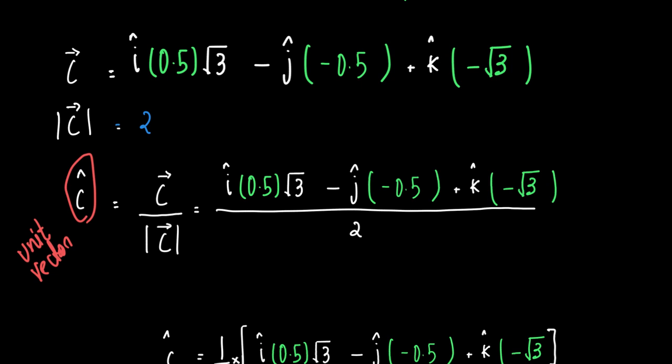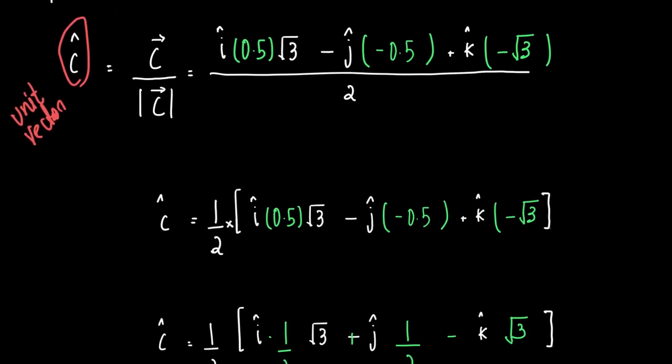Now, why have I not written it the other way around? I'll take you through that in a minute. So let us first divide it. When we divide, this can be written as 1 by 2 times 0.5 root 3 i plus 0.5 j, minus root 3 k.